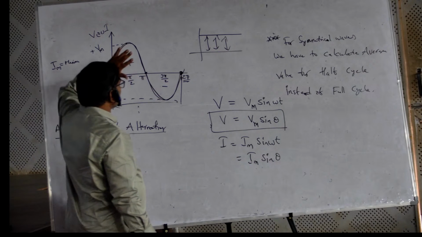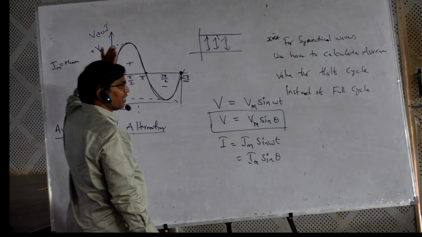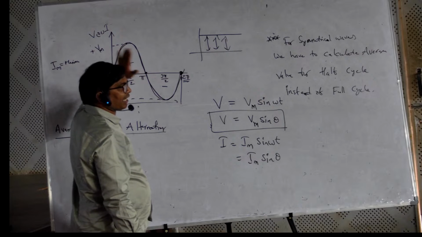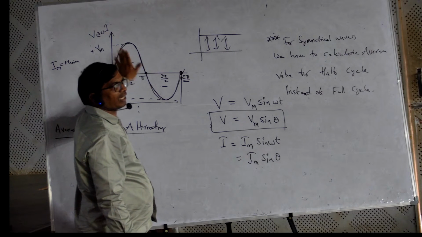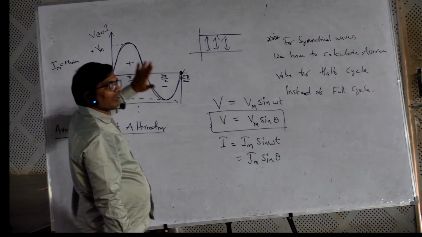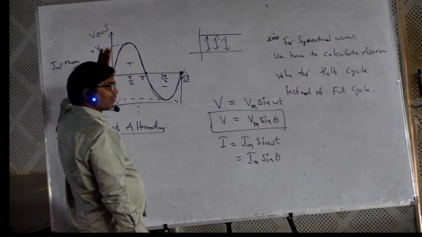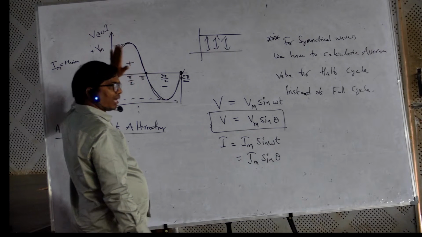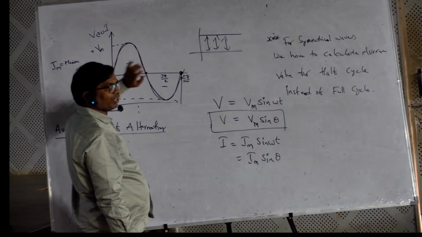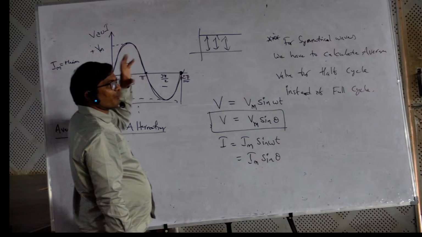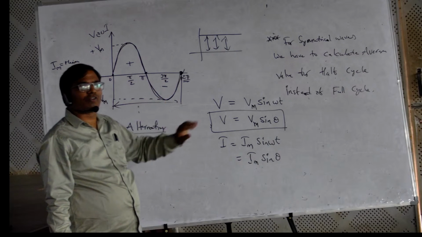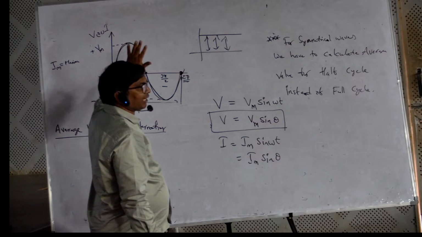So it is an alternating one, a sine wave. Alternating current AC is nothing but an alternating wave, which has positive values, negative values, maximum value, average value, RMS value, form factor, peak factor. These are all parameters we have to derive for the alternating quantity.